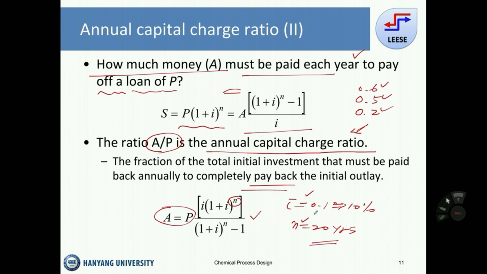Okay, based on this formula, based on the interest rate you take, based on the number of years you take, then you have the charge ratio, the annualization factor. Then apply it to the capital cost, multiply with the annualization factor, then you have the cost on an annual basis. Okay?